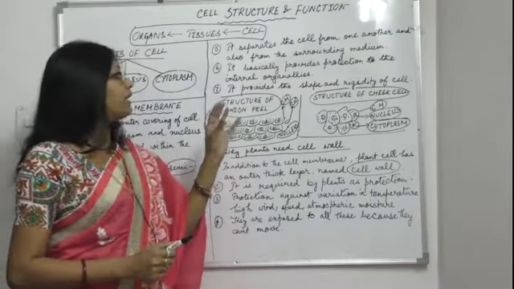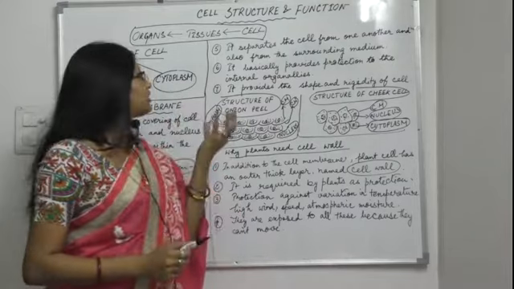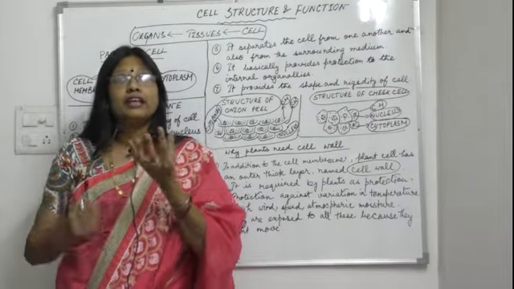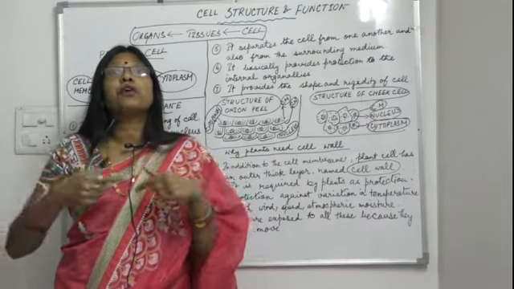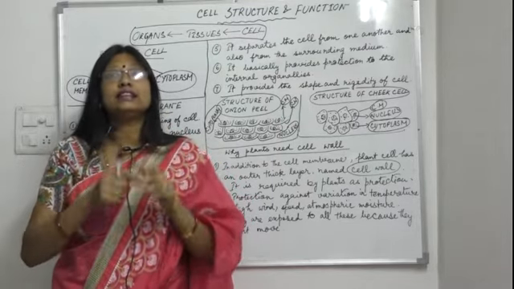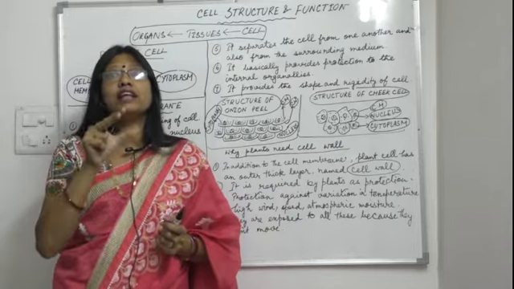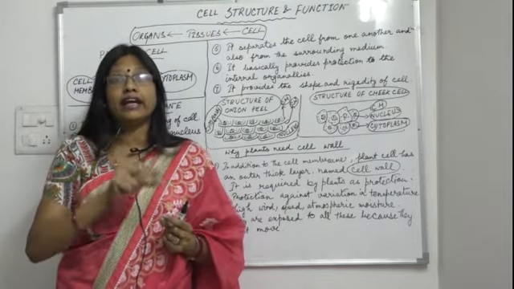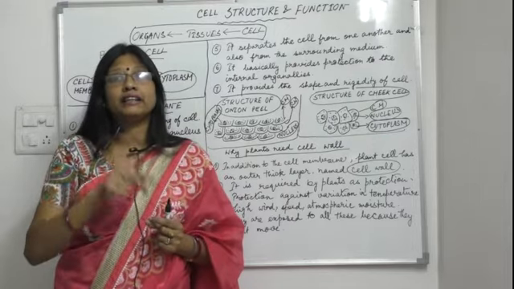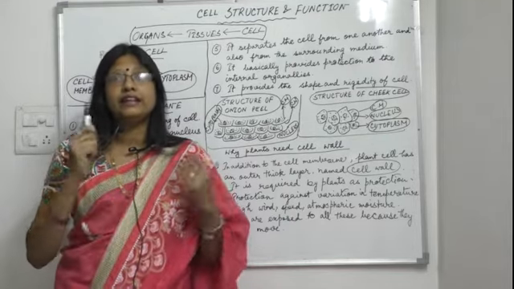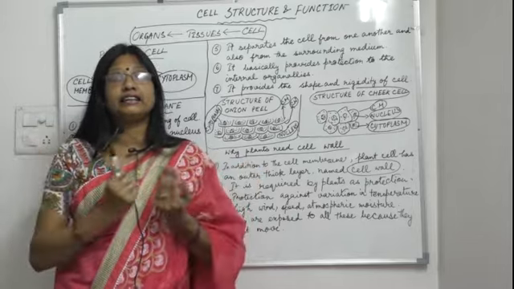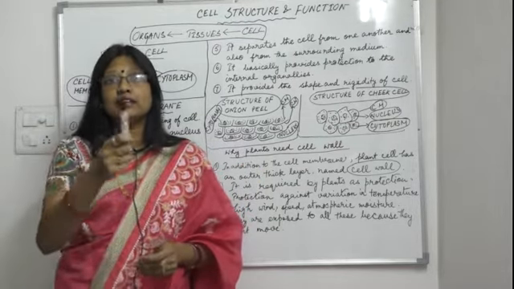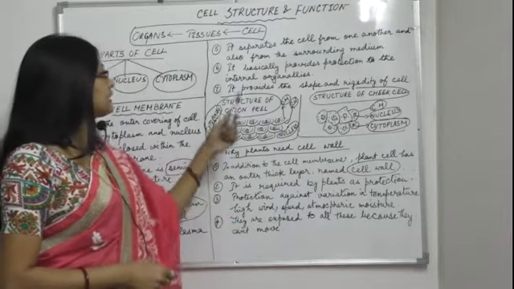All internal organelles of cells are very much protected due to the presence of the cell membrane, inside an enclosed portion. This is the sixth point.